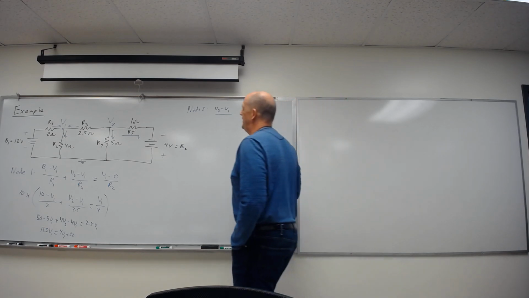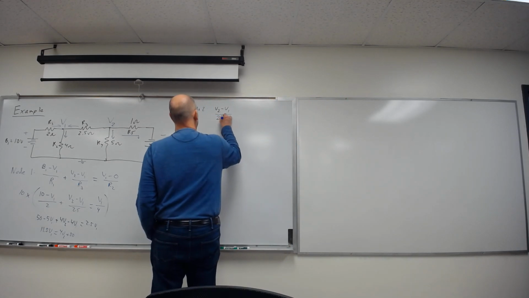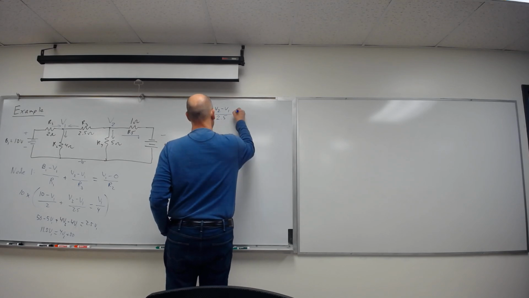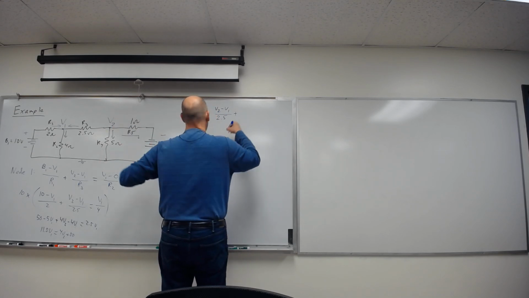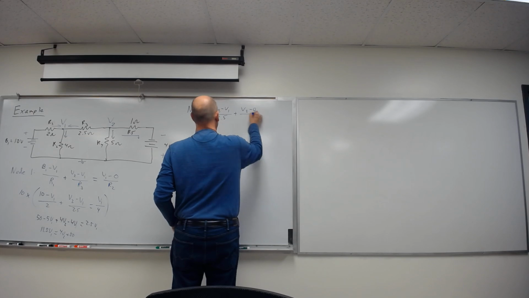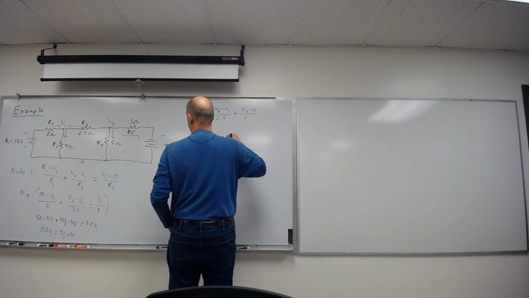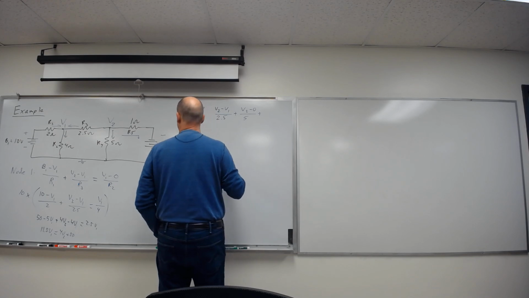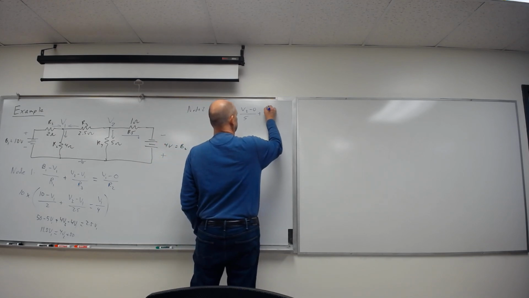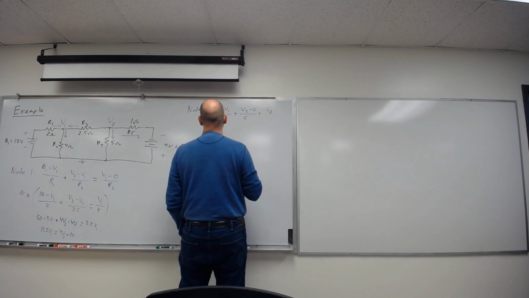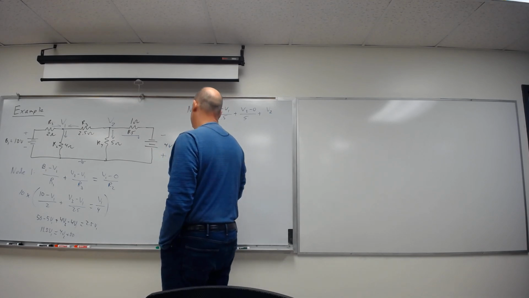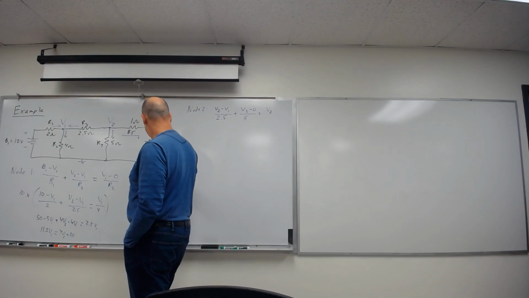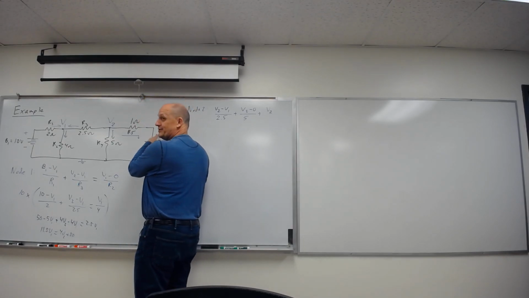V2 minus V1 over 2.5, plus V2 minus 0 over 5, plus V2. Now I want you to notice here that this is plus 4 and this is minus 4.